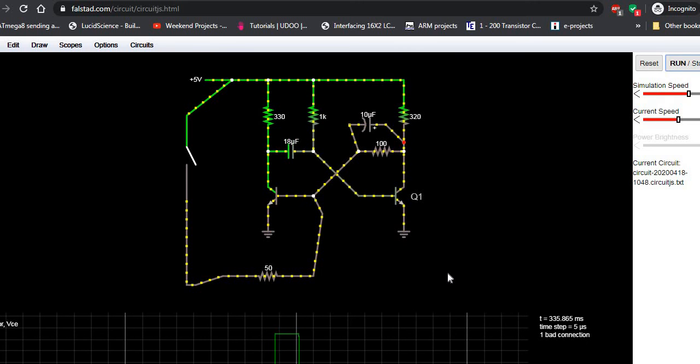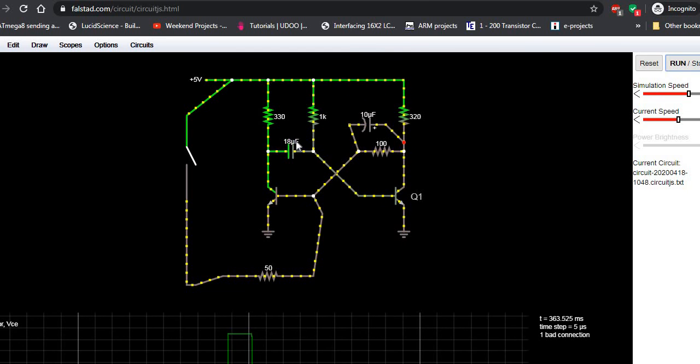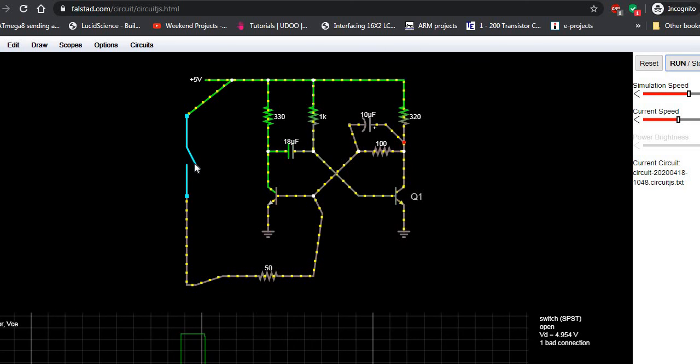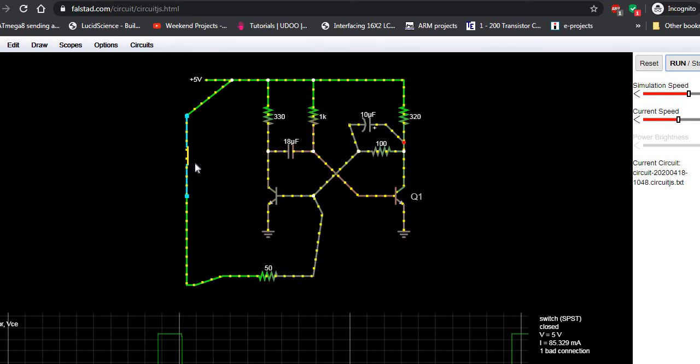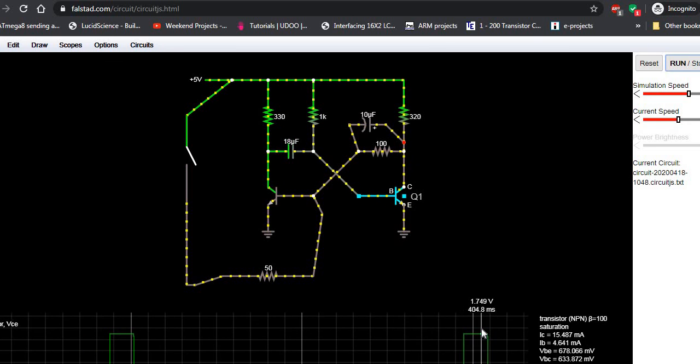That duration of high pulse depends upon this 1 kilo ohm and 18 microfarad capacitor. Once again you apply the triggering. Let us see. We have got the output here.